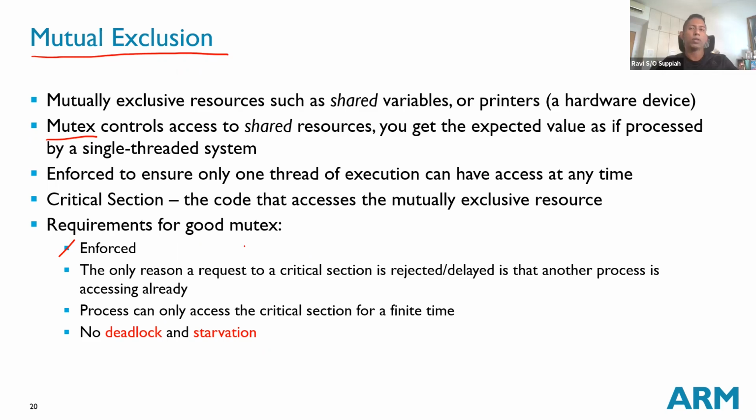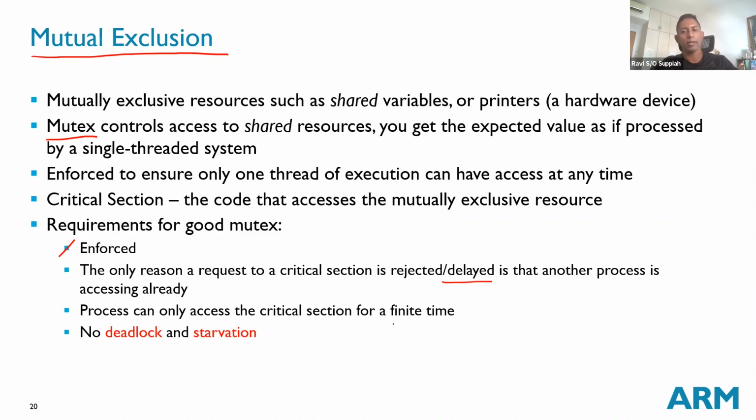So when you try to access a resource and you're not able to acquire the mutex, then your OS will take the necessary action on that particular task. We will look at that in a while. Of course, that means that if you need this resource but you cannot get it, then you are delayed until you are able to get that resource.